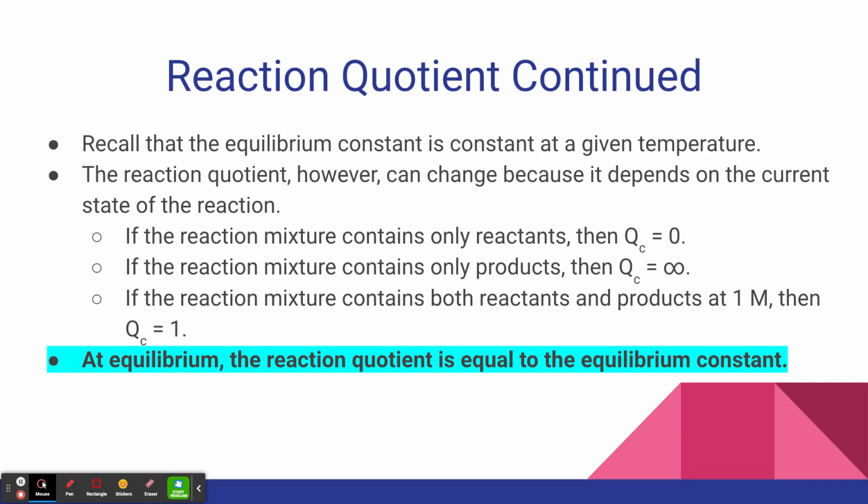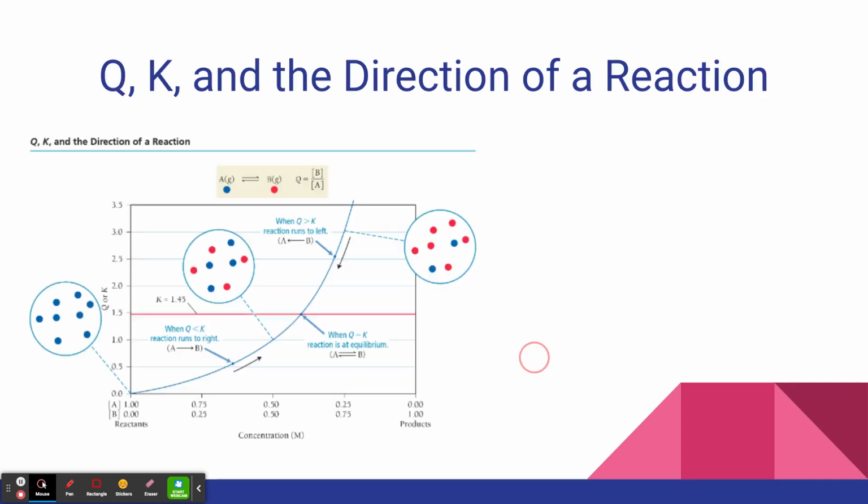That fact here, guys, is how we're going to judge where the reaction is. So looking at the graph here, when Q is less than K, smaller than the equilibrium constant, the reaction is going to proceed to the right. So it will favor the forward reaction, or it will proceed towards the products.